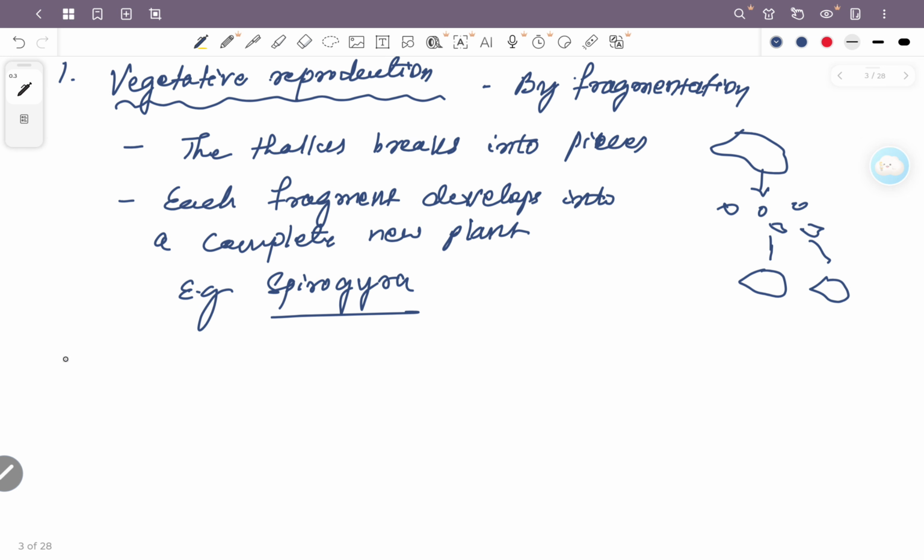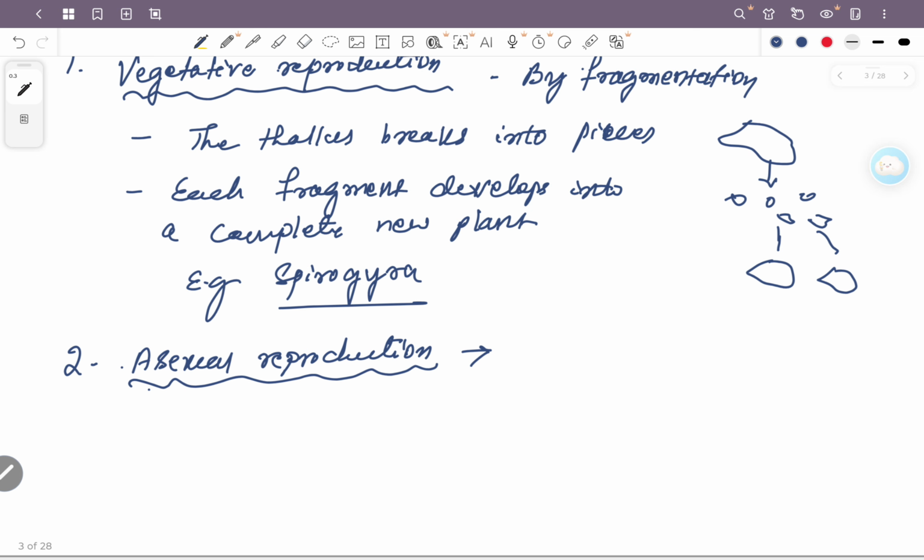Now come to the second method, that is asexual reproduction. Okay. So as you know, asexual reproduction usually takes place by spores.